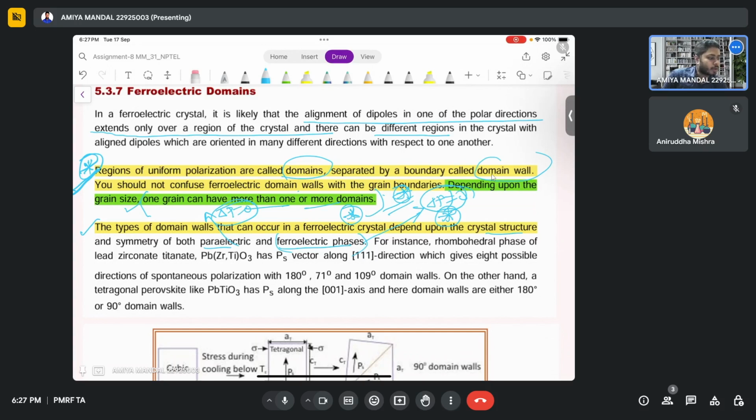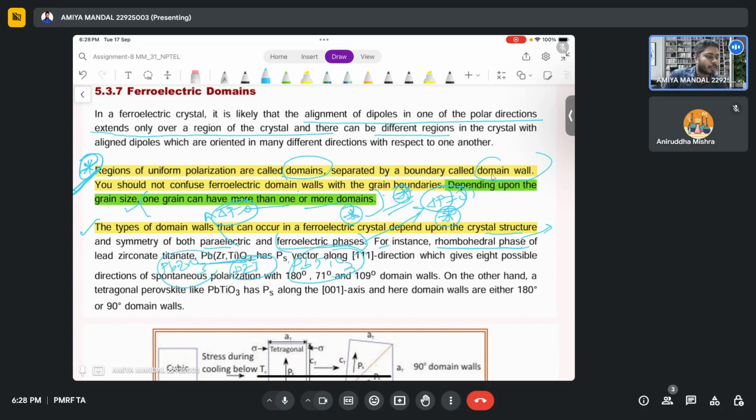Okay. For instance, the rhombohedral phase, just like PZT, which is nothing but lead zirconate titanate, a mixture of lead zirconate and lead titanate.